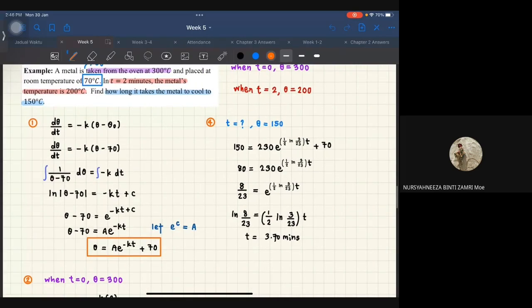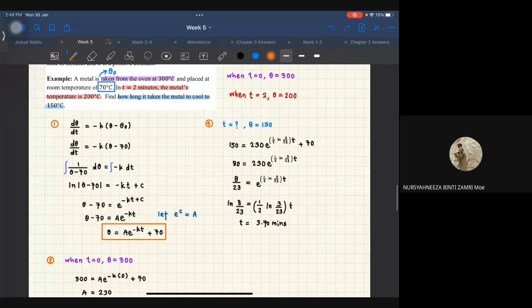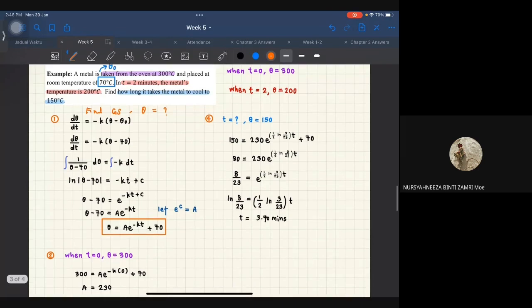Okay, so step-step yang ada dalam solving this application still sama juga macam yang before. Okay, so the first step is we are going to find the general solution. So first step, find GS. Okay, so GS kita sekarang ni kalau ikutkan dekat sebelah kiri, d theta over dt. So sepatutnya awak akan dapat theta equals to something lah. Okay, so sama je step dia kalau ikutkan.